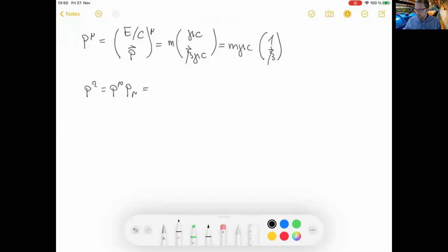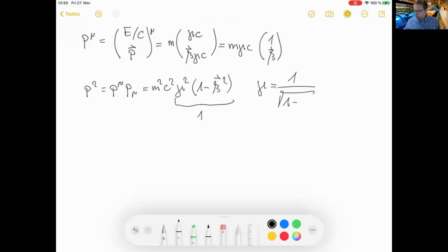If we look at the last way to write that, it would be m squared c squared times gamma squared times (1 minus beta squared), and this is 1 because the relativistic gamma factor is 1 over the square root of 1 minus beta squared.